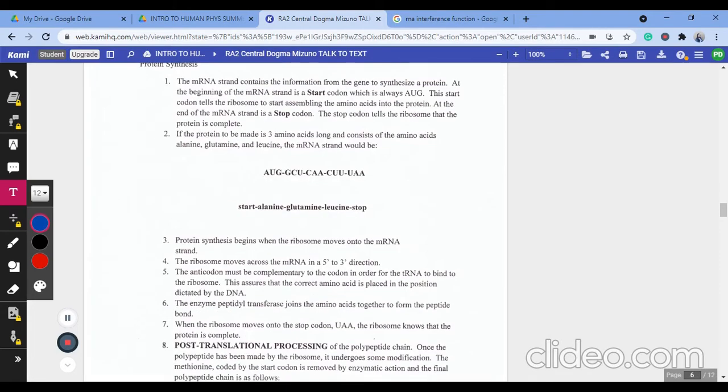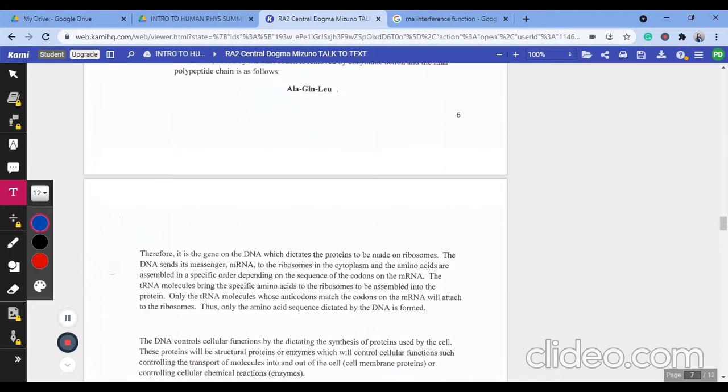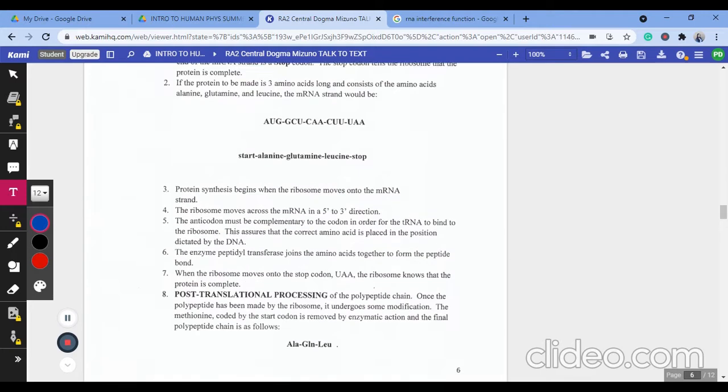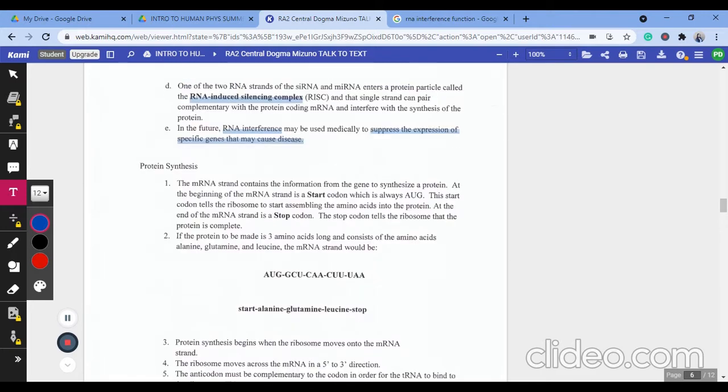So let's continue. In protein synthesis, the mRNA strand contains the information from the gene to synthesize a protein. Oh, is this just a summary of what we went over? Okay, so the mRNA strand contains the information from the gene to synthesize the protein.